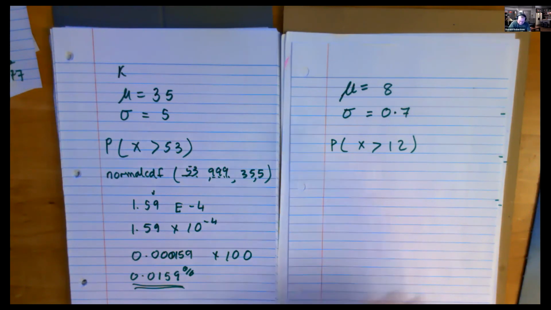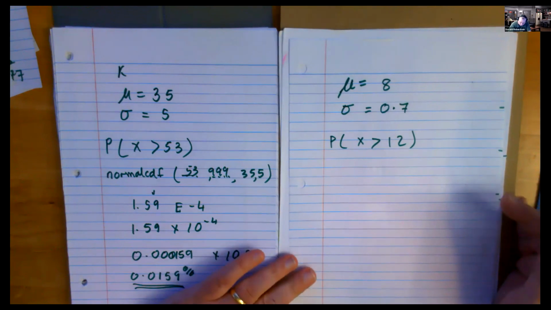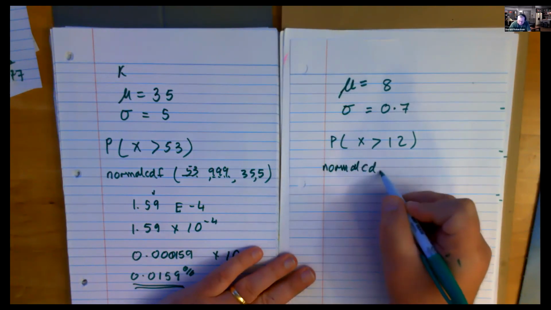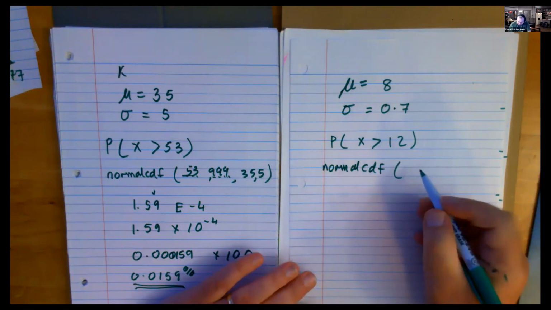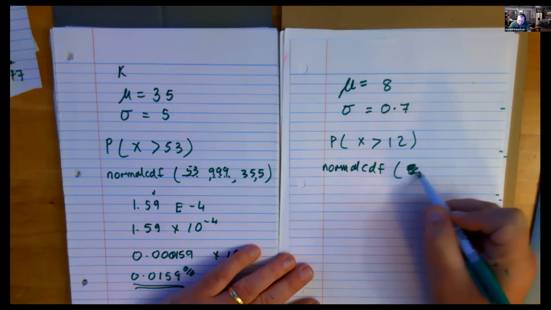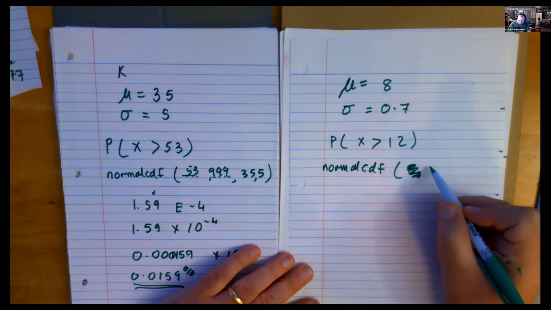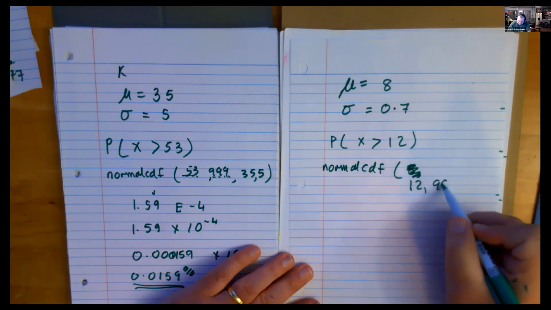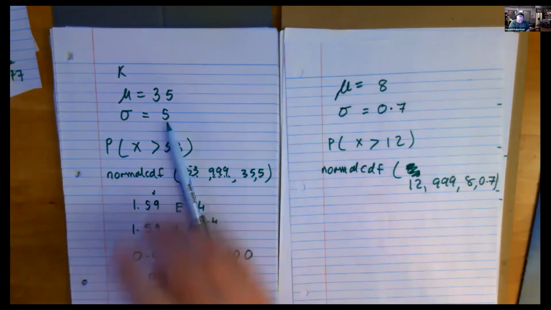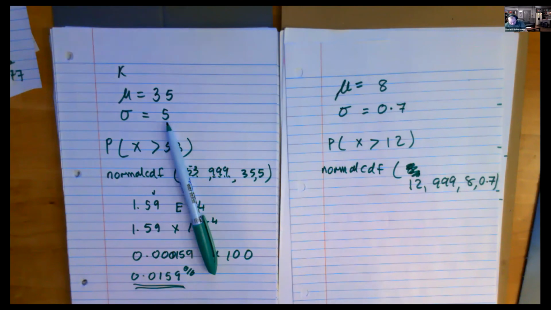So let's do this one. What would that look like then? In our story then, a normal CDF would be a mean of 8. Get this right. 12 or bigger. Then a mean of 8, and then a 0.7. Based on the data that I've supplied, this is not going to look good for me, is it?